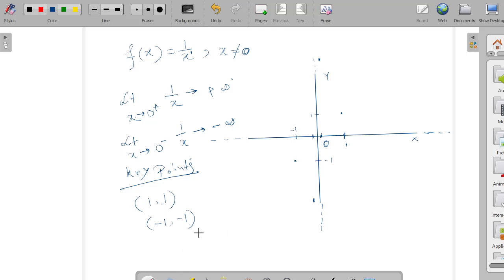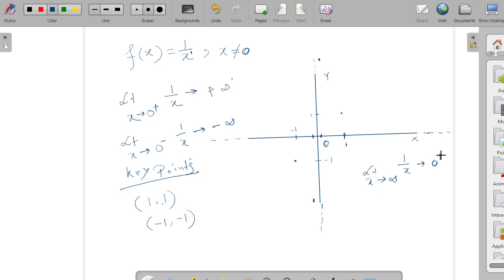Now we will see what is happening as x approaches infinity without bound. We need to check the limiting values before sketching the graph. As x approaches +infinity, as x is increasing without bound, our function 1 over x is approaching towards 0 plus, a positive value.